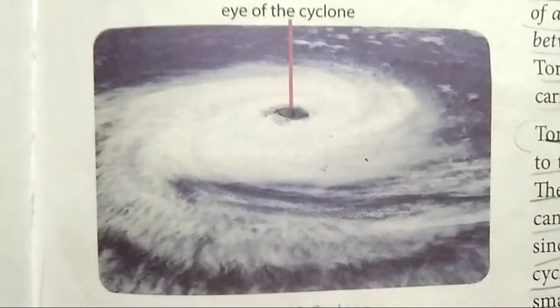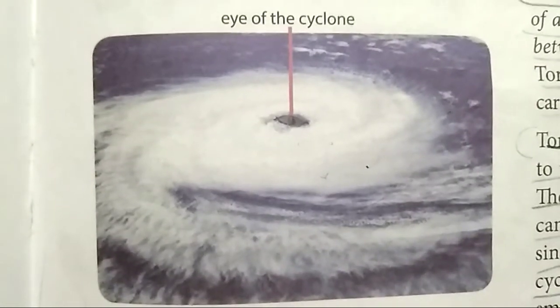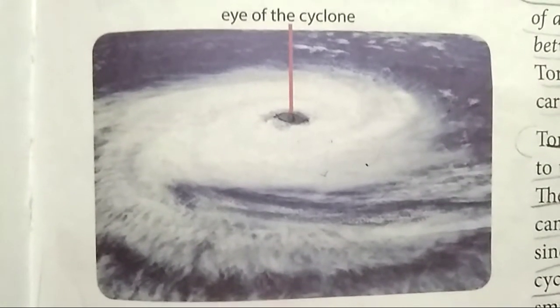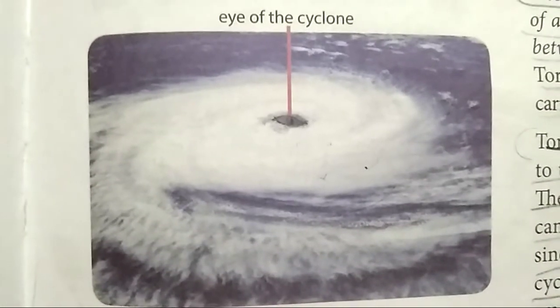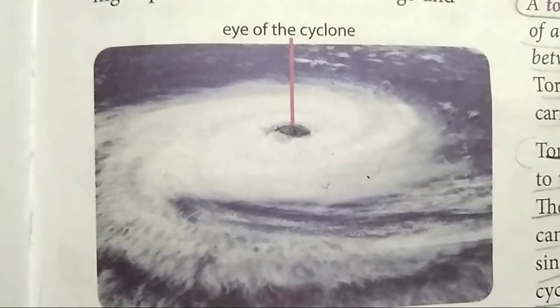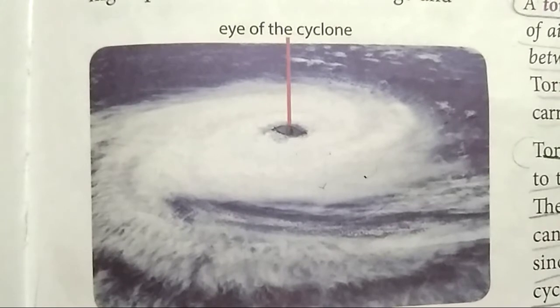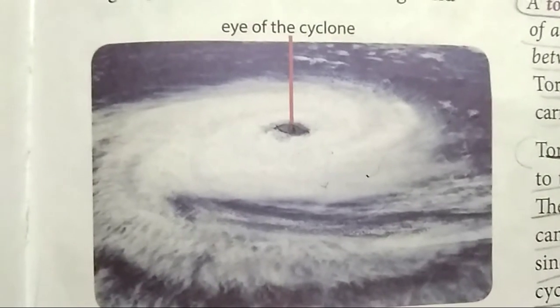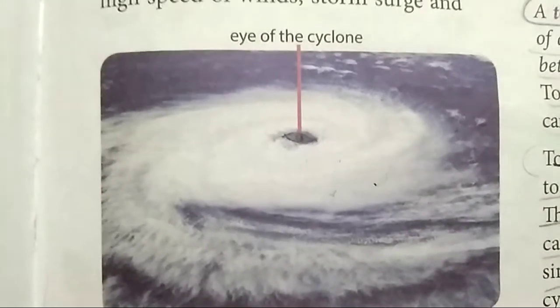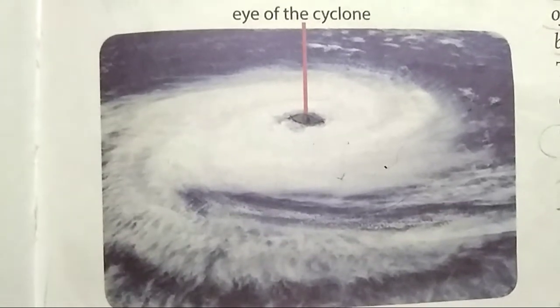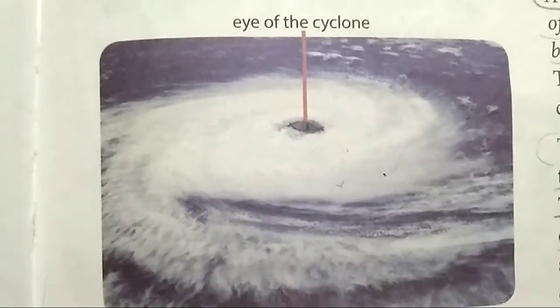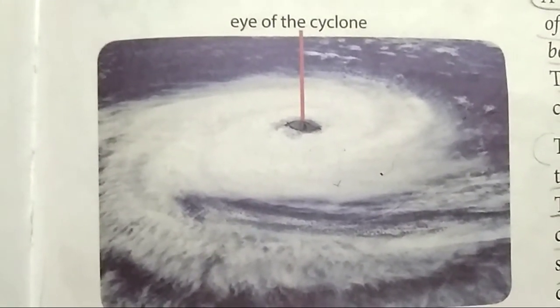As the cyclone dies, it causes flood in the coastal areas. Because it has lots of water, when it dies, it pours all the water in that area. That's why it causes flood in that particular area. And it also has very strong winds with very high speed.